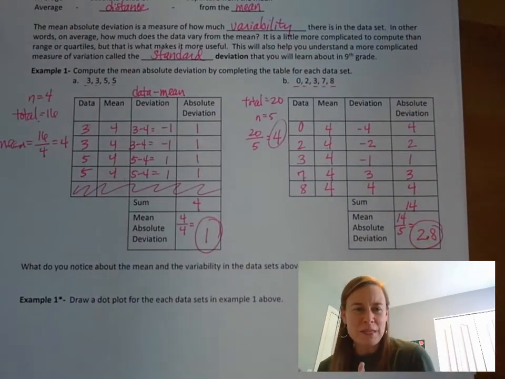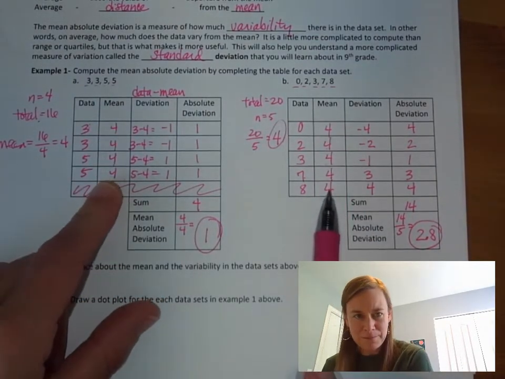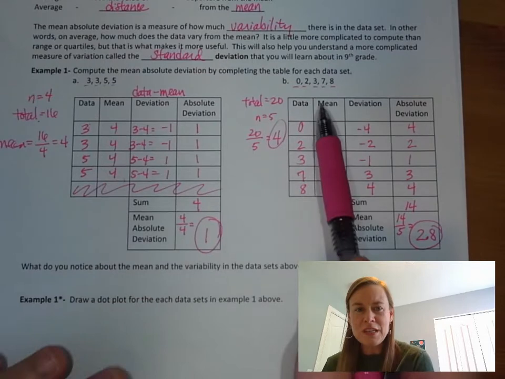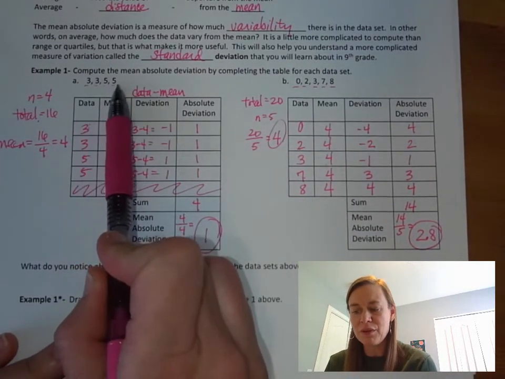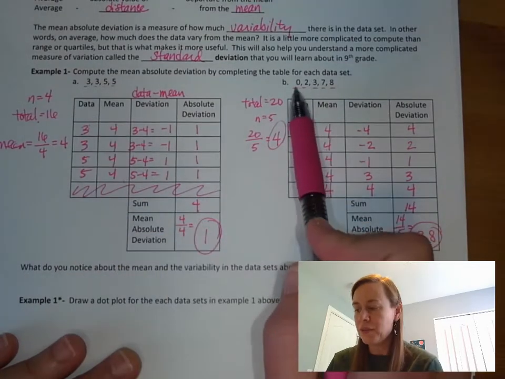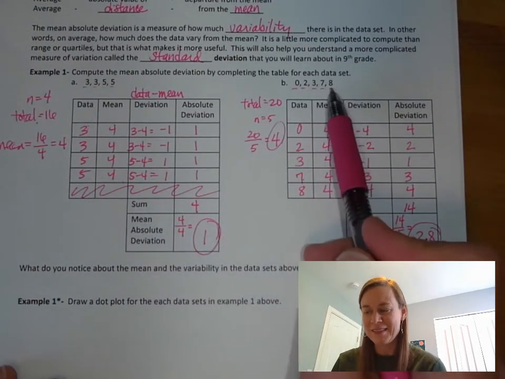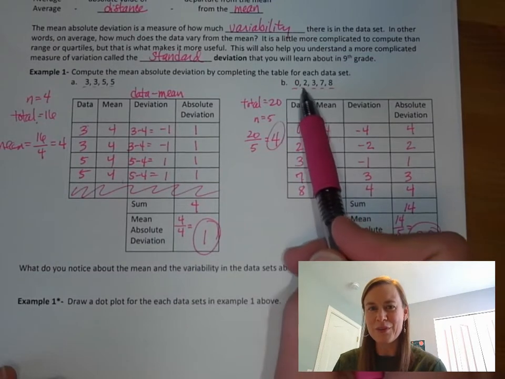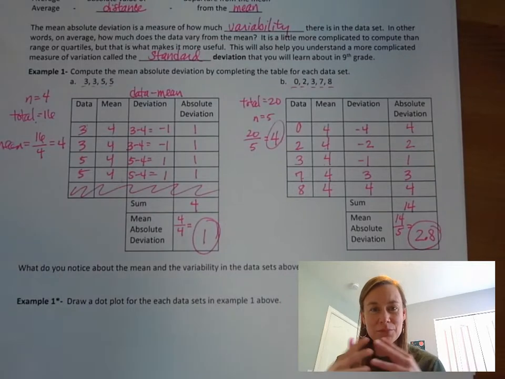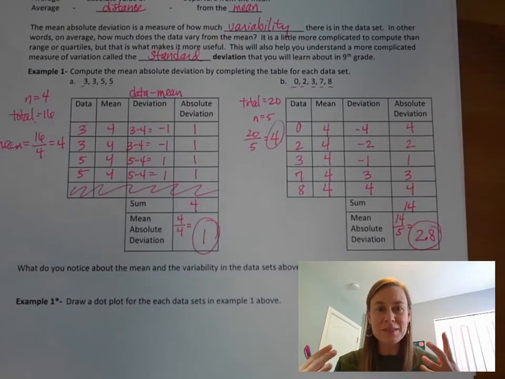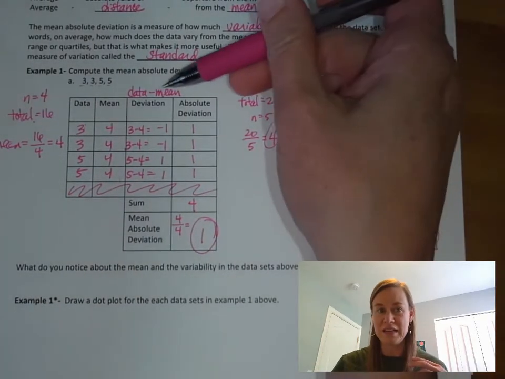So what do you notice about these data sets? We've already established that they have the same mean. When you look at them, which one has more variability? The 3, 3, 5, 5 or the 0, 2, 3, 7, 8? This one seems more variable, right? We've got a lower low end and a higher high end. The numbers just seem more spread out. So it seems like the mean absolute deviation should be bigger for this data set than for that data set, right?